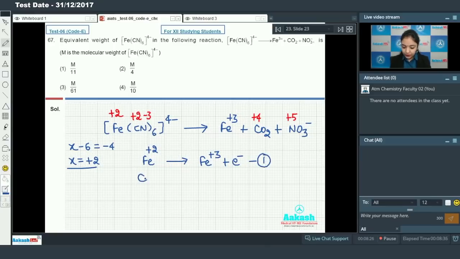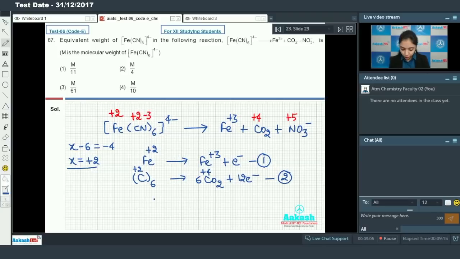Now in the complex we have 6 carbon atoms, so I can write it like this, C6, in plus 2 oxidation state, and it is converting into CO2 plus 4. So for each carbon atom, how many electrons are lost? 2, and for 6 carbon atoms it will be 12. So here it will be 12 electrons. This is my second part.